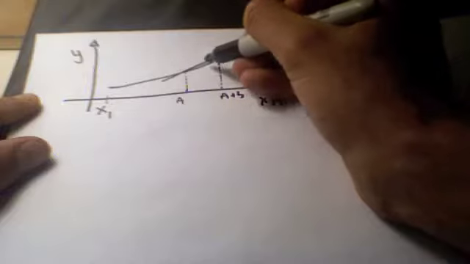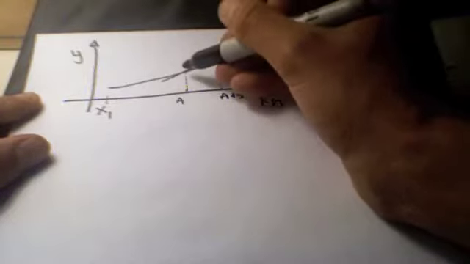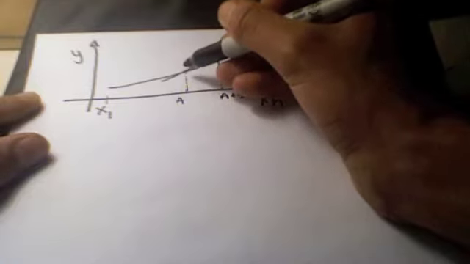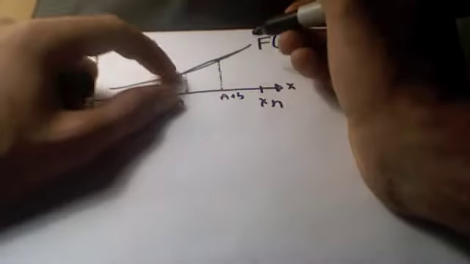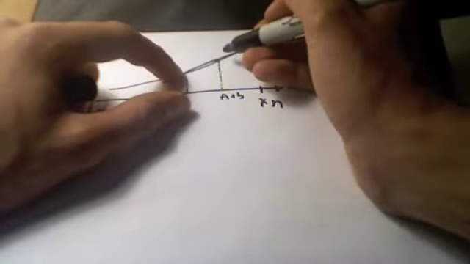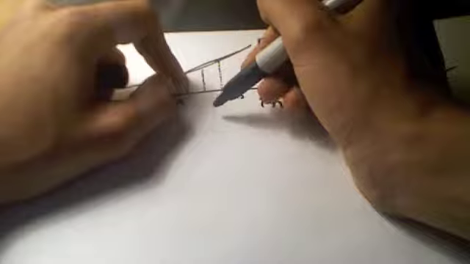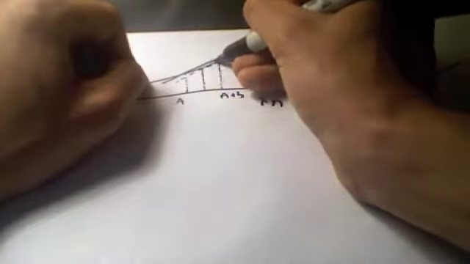Do you see that no matter what my function looks like, if I draw a line between any 2 points on the function, there's going to be some value right here where if I take the tangent line to the function, it's going to be parallel to the line I drew?